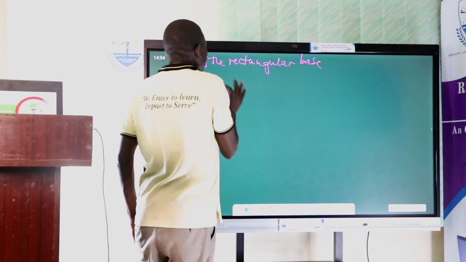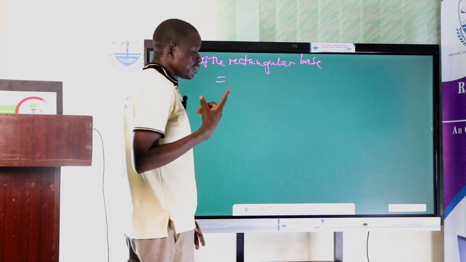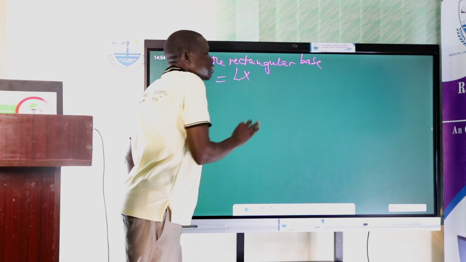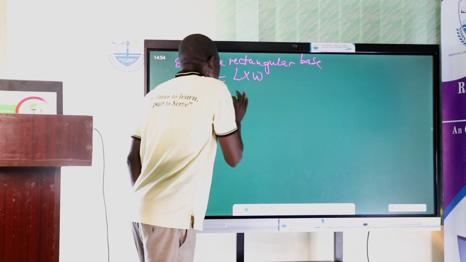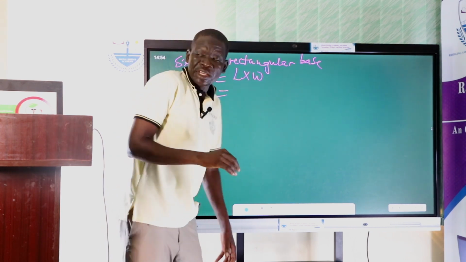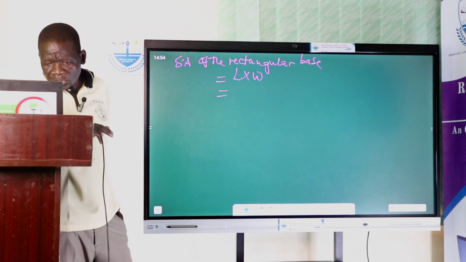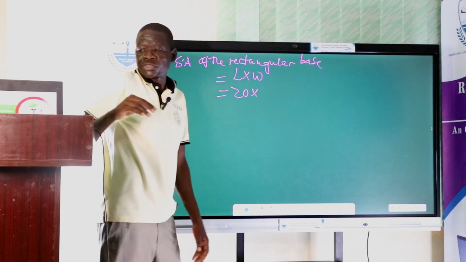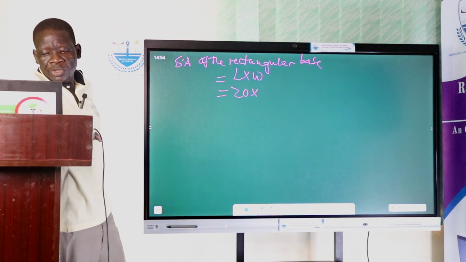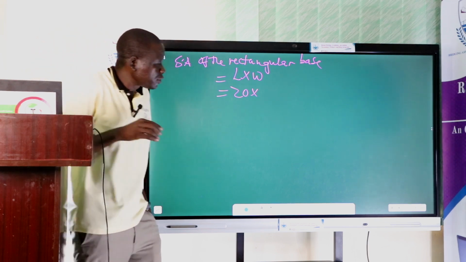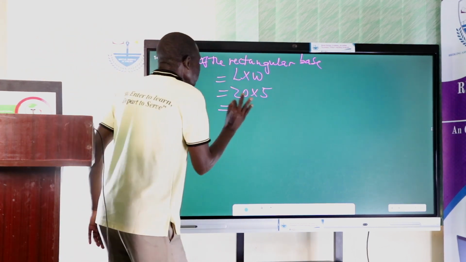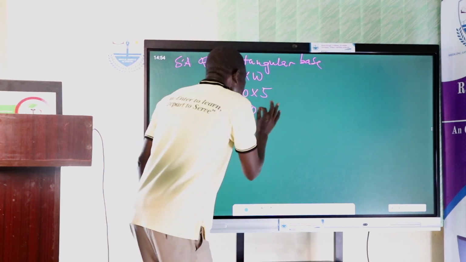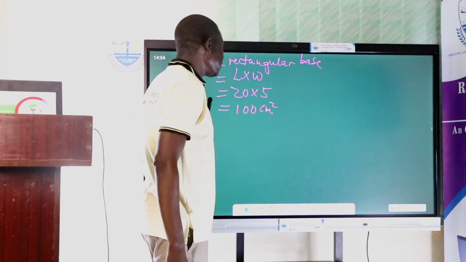That rectangular base is only one, and its formula is equal by length times width. So whereby our length is 20 times the width is 5. So 20 times 5, we find that we get 100 centimeters squared.